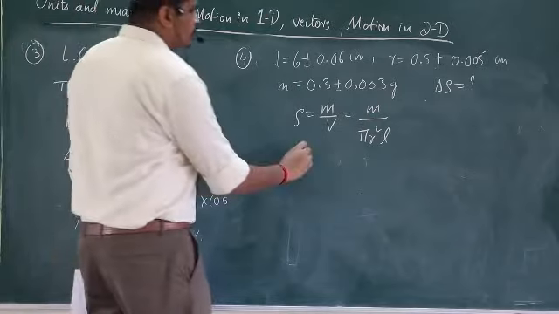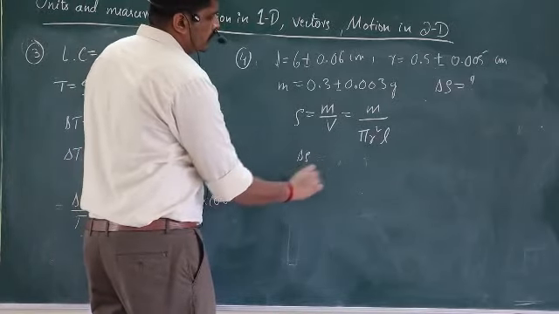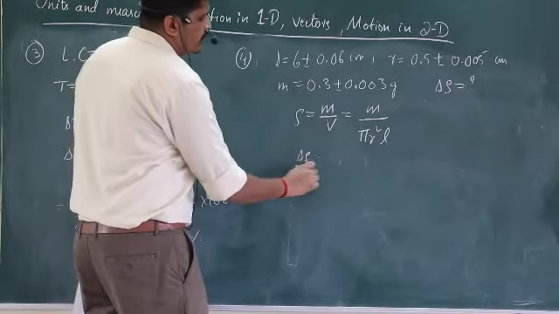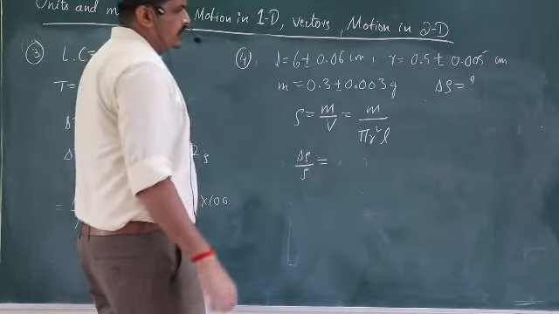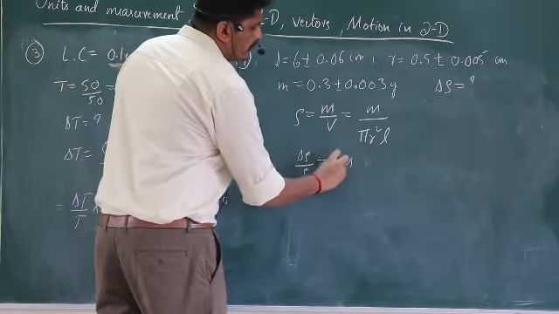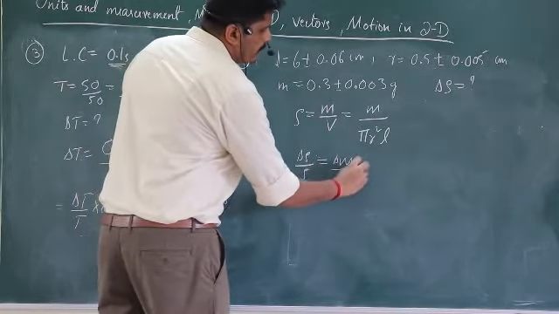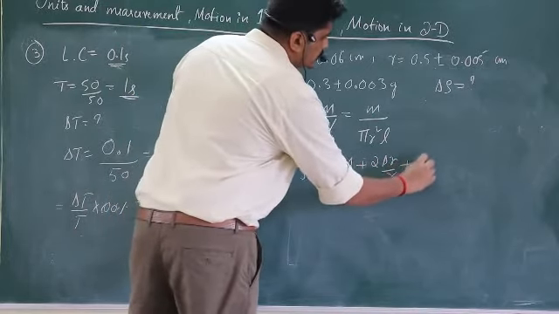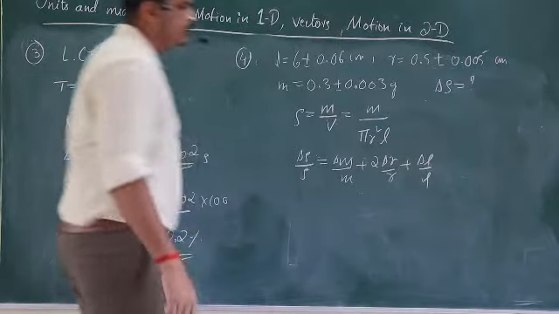So how to substitute now? How to find out delta rho? Delta rho by rho equal to delta m by m plus 2 delta r by r plus delta L by L, right?